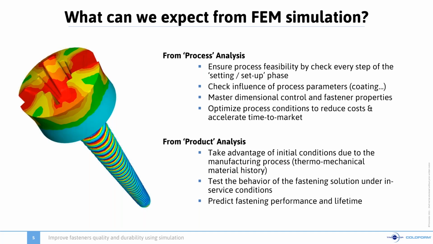Is there any defect on the final part? What are the influence of the process parameters? Thanks to the process analysis, the simulation allows also to check the dimensional aspect and to optimize the forming process. For product analysis, we will test the part performance under in-service conditions.